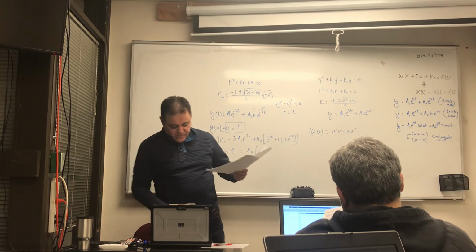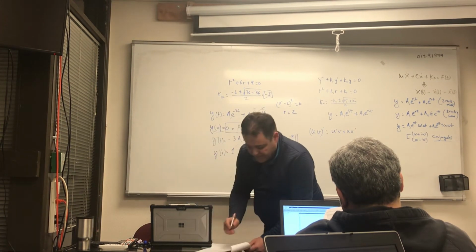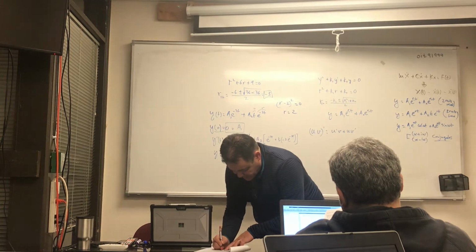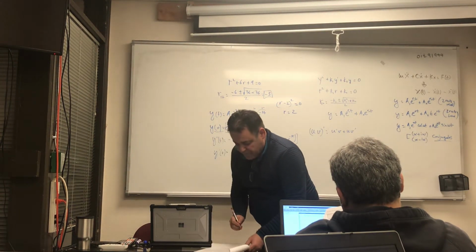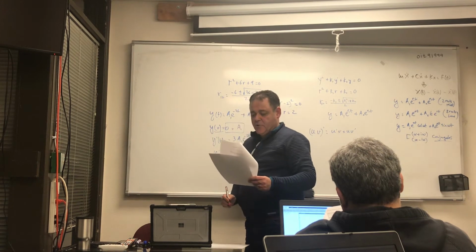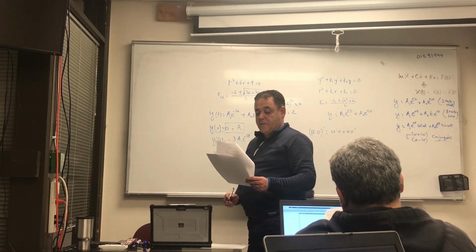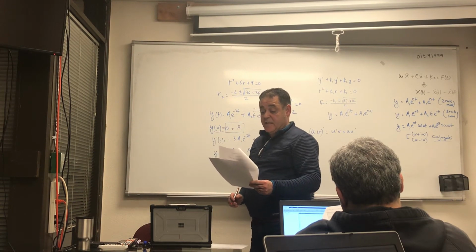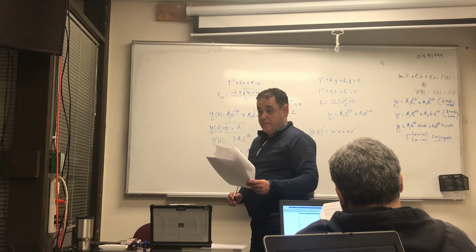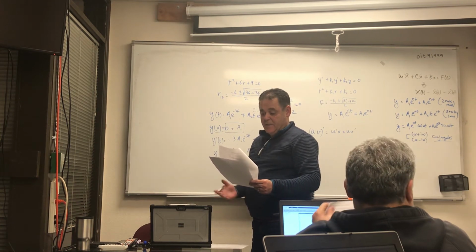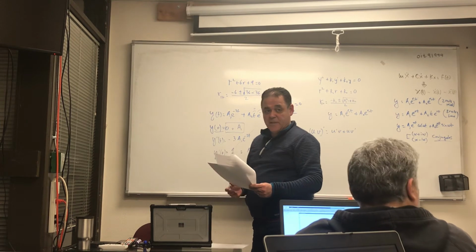So the solution will be simply y of t equals t e to the negative 3t. Does that make sense? Yeah, because a1 is 0 and I forgot to replace a1 by 0.